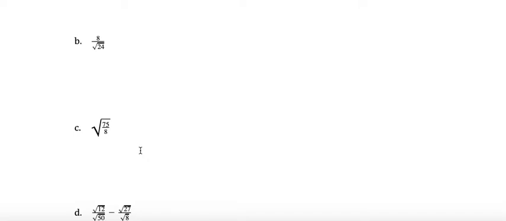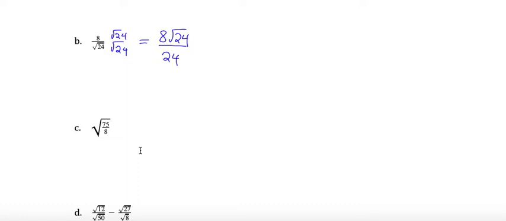I'm going to show you both paths this time, and then in the future, you can pick which method you want to use. So I'm going to multiply by root 24. That's my first method. Our denominator is 24, but in our numerator, we cannot multiply the 8 and the 24 because 8 is outside of the root and 24 is inside of the root.